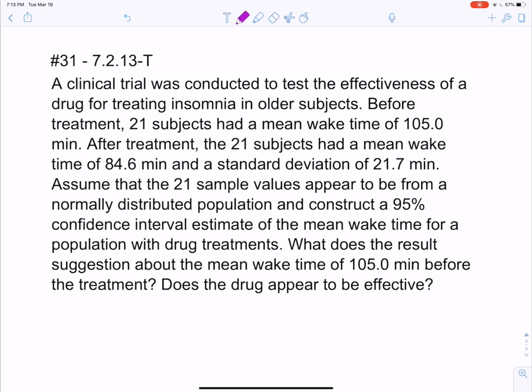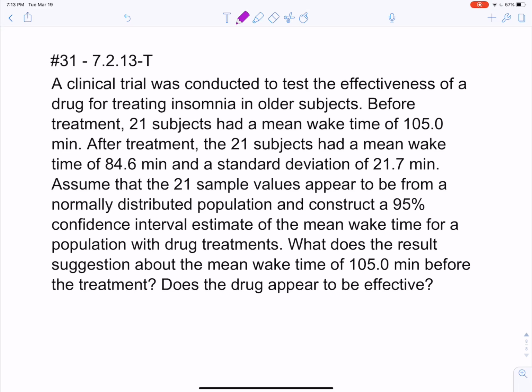a confidence interval. So if we look at number 31, a clinical trial was conducted to test the effectiveness of a drug for treating insomnia in older subjects. Before treatment, 21 subjects had a mean wake-up time of 105 minutes. After treatment, the 21 subjects had a mean wake-up time of 84.6 minutes and a standard deviation of 21.7 minutes.